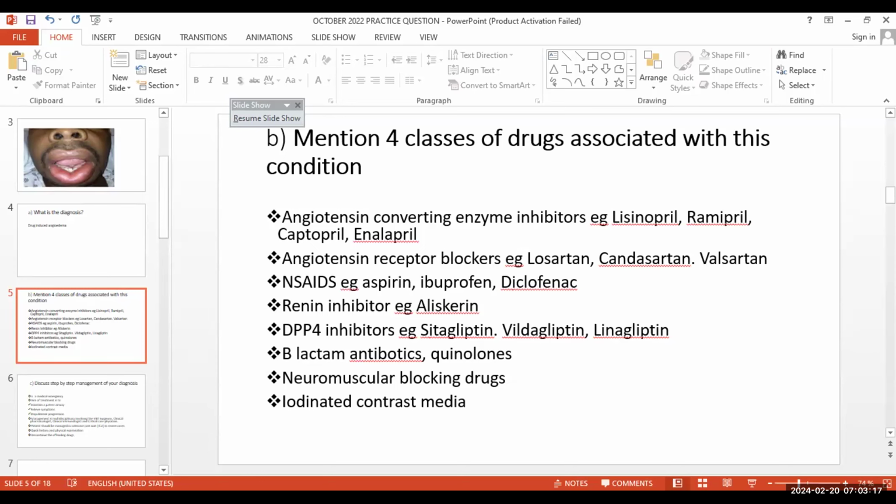Non-steroidal anti-inflammatory drugs like aspirin, ibuprofen, diclofenac. Renin inhibitors, example, aliskiren. Also the DPP-4 inhibitors, examples of which are sitagliptin, vildagliptin, linagliptin.